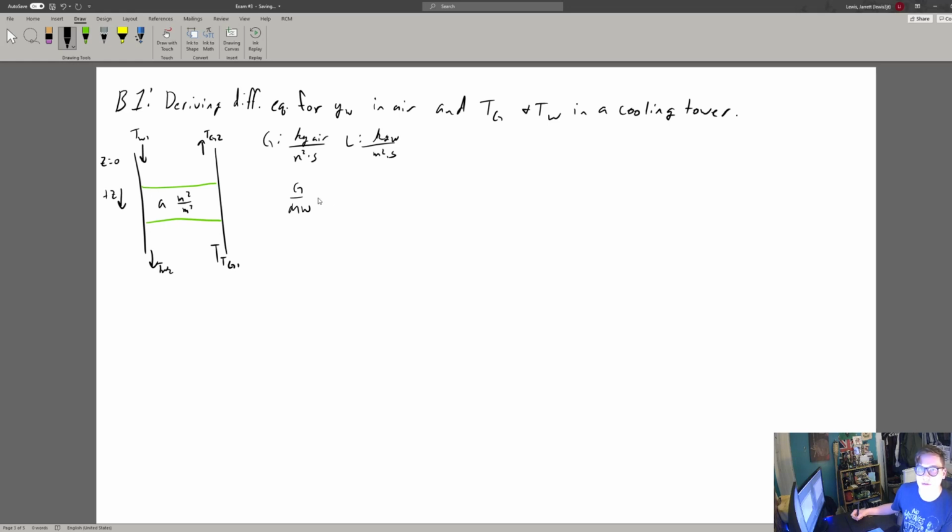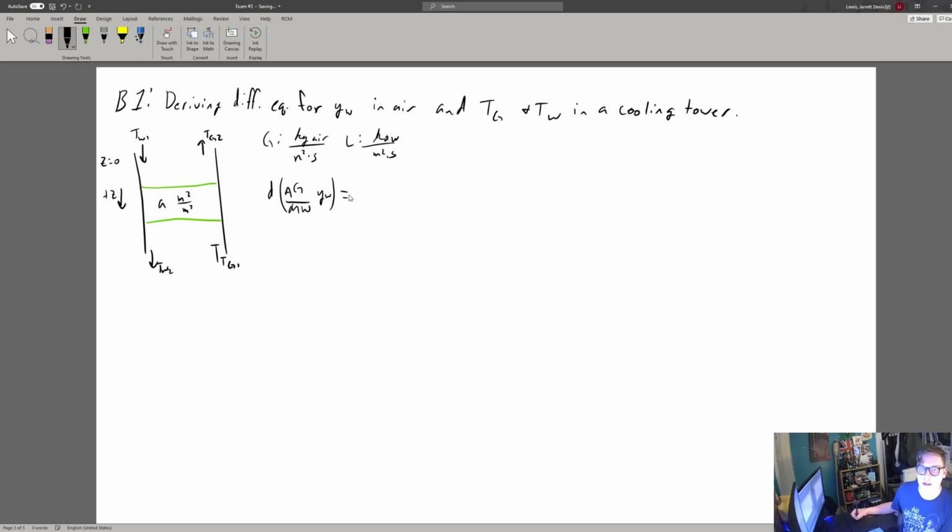And since we want the mole fraction, we multiply by the mole fraction of water. And we're going to need to multiply by the cross-sectional area to fix our units, and then that's going to be the change in that.